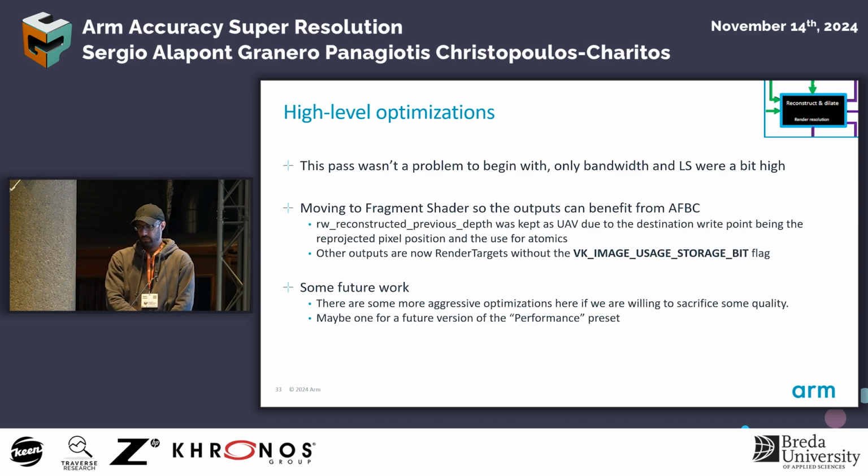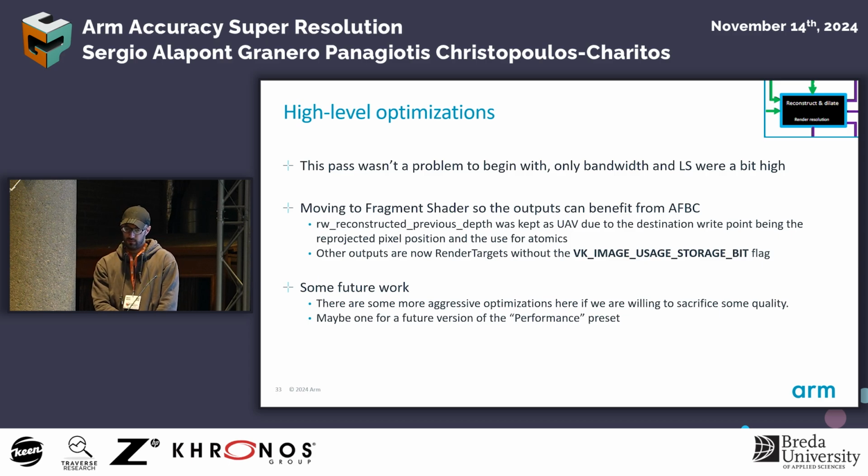This dispatch can be easily moved to fragment shading, and this will allow almost every render target to benefit from FBC. We only need to keep one texture in UAV because that requires atomic operations to get updated. A small parenthesis here, FBC is ARM's frame buffer compression, which is a technology that compresses render targets for improved bandwidth and runtime performance.